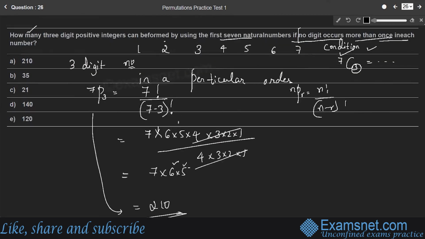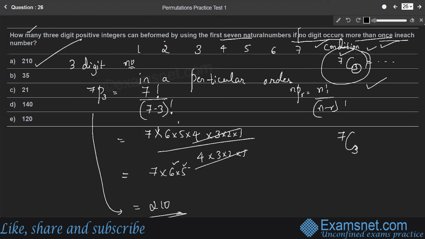The condition is that no digit occurs more than once in each number, so option A is the right answer. If the condition is not given, then you have to go for combinations, which means all possible combinations can be formed, equal to 7C3.